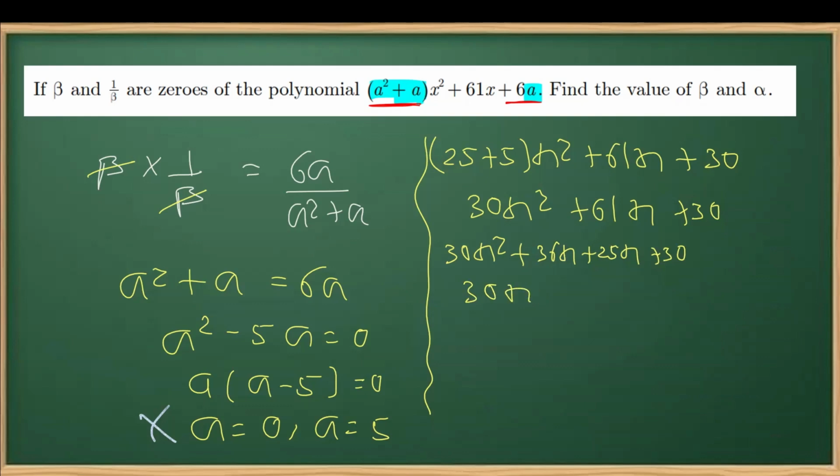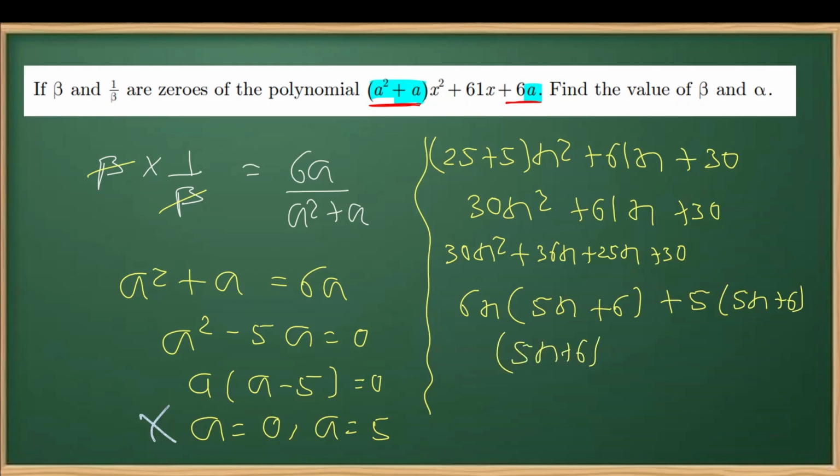On taking what is common between the first two terms, 6x is common. In fact, this is 6x times (5x plus 6). From the last two terms, 5 is common. Taking 5 as common, we get 5 times (5x plus 6). So this is (5x plus 6)(6x plus 5).